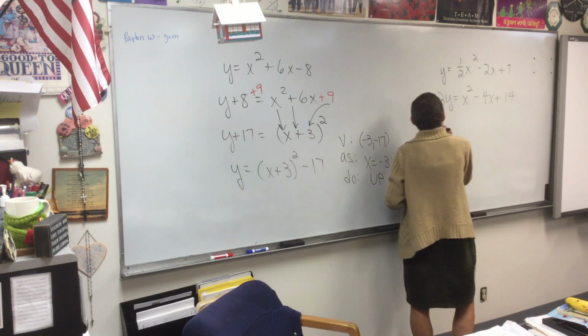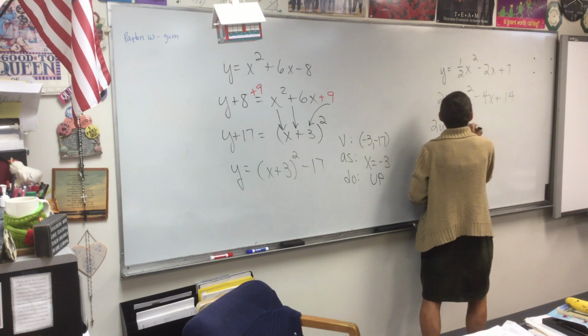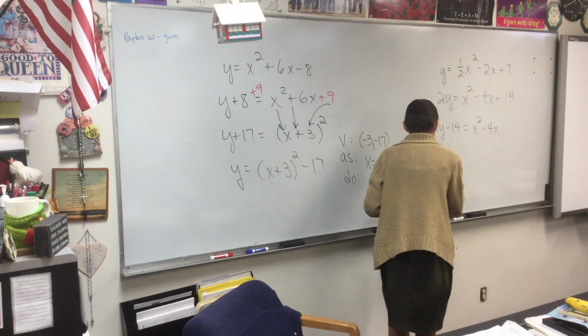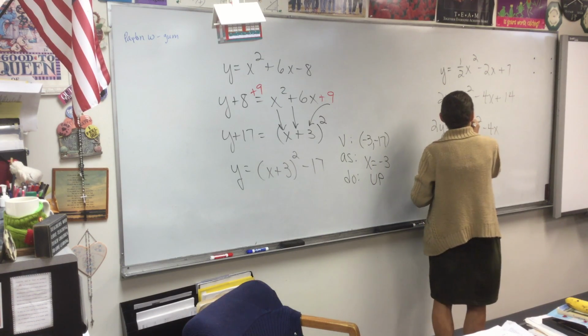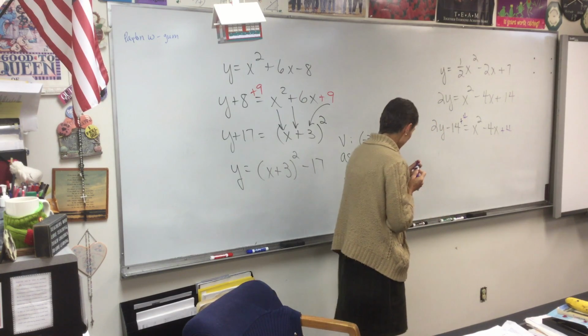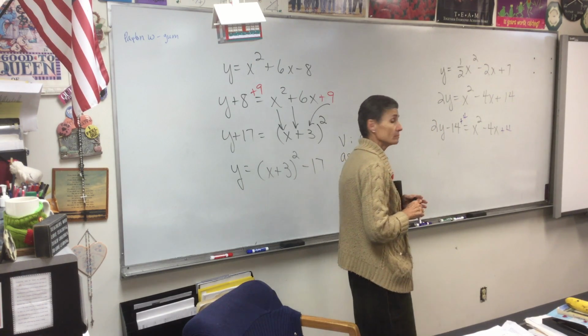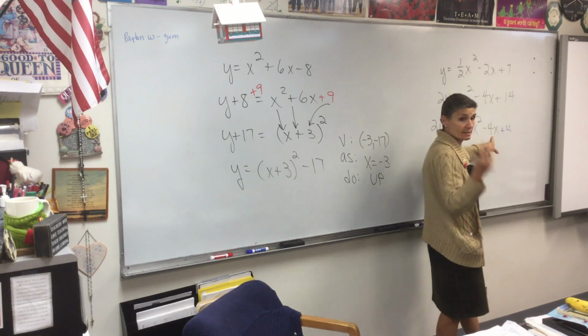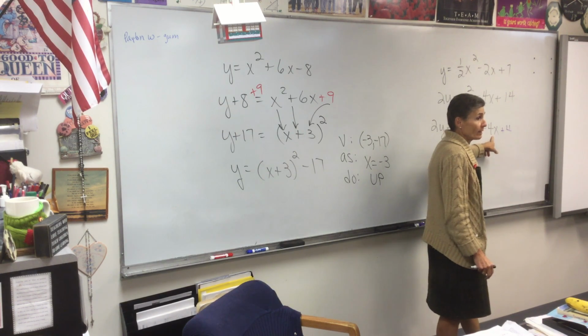Yes. And then, Trey, you are exactly right. You said you're gonna add 4 to both sides. Now, tell us how you got 4. You are on target. How did you get it? Half of this 4 is 2, and 2 squared is 4.